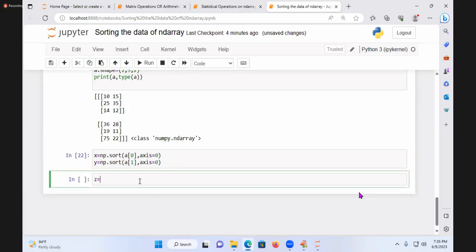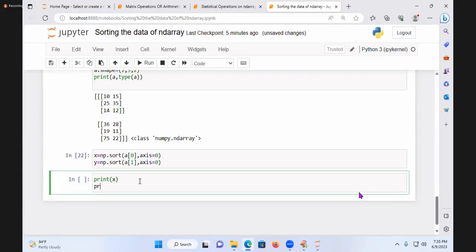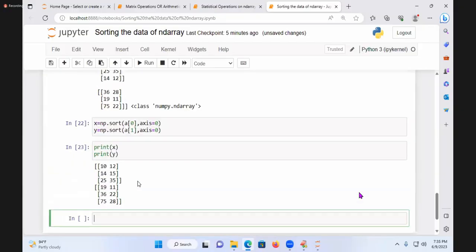Now I'll say Z is equal to np.vstack of, of course I am writing vstack of, or one minute. Print of what? X. Print of what? Y. You print it. So it is going to give you each matrix which is getting done, not the entire matrix.